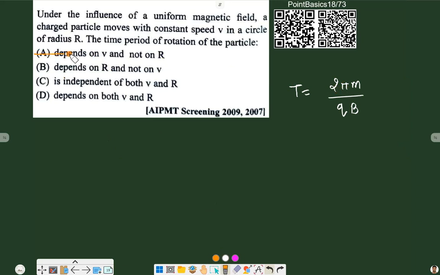Option A is cancelled. Depends upon r, again that is cancelled. Independent of both v and r, so here neither velocity is there nor radius, so yes, this works. Depends upon both v and r, not here, so D is also cancelled. So option C will be the right answer here.